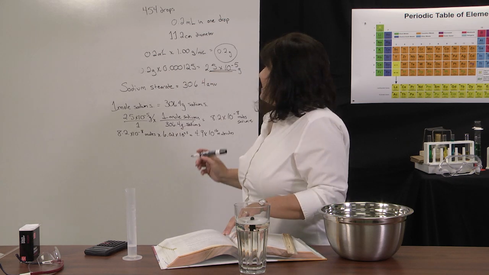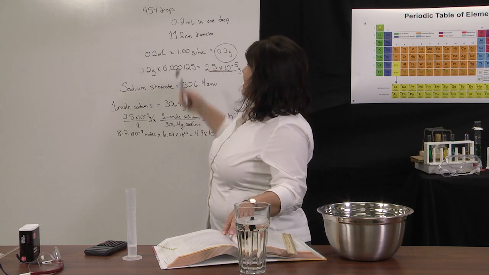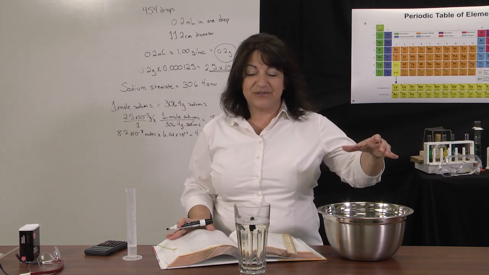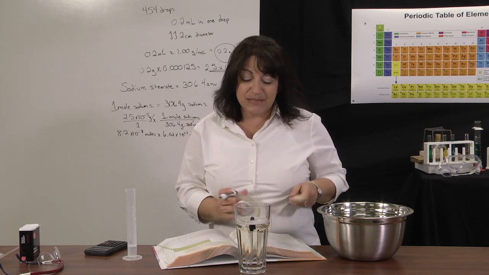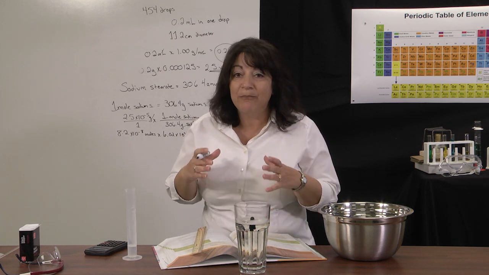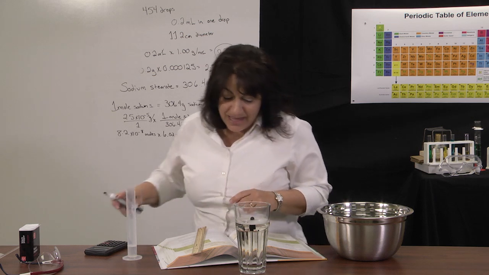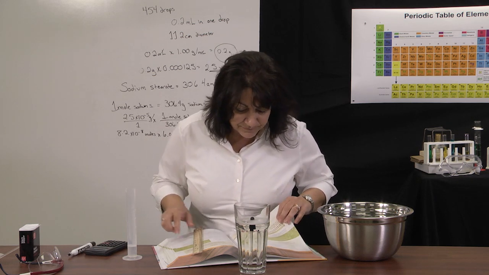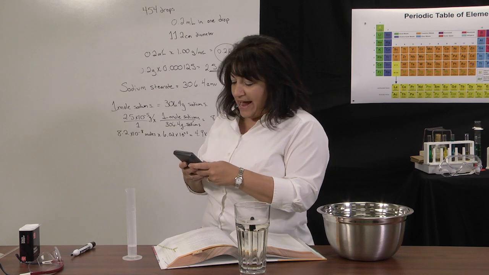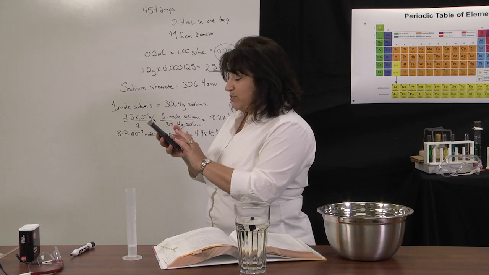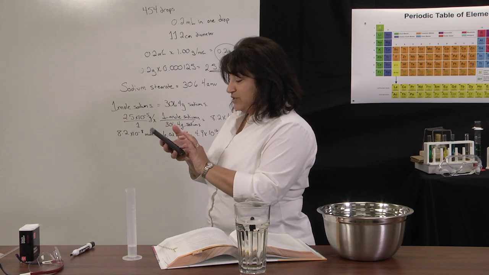And so now we need to know the area of a circle. Okay, I measured the diameter of the circle as 11.2 centimeters. That's how wide that amount of sodium stearate spread across. So I just need to know how much area that is. And so I just need to take the area of the circle, which is, of course, pi r squared. I need the radius, which is 11.2 divided by 2.